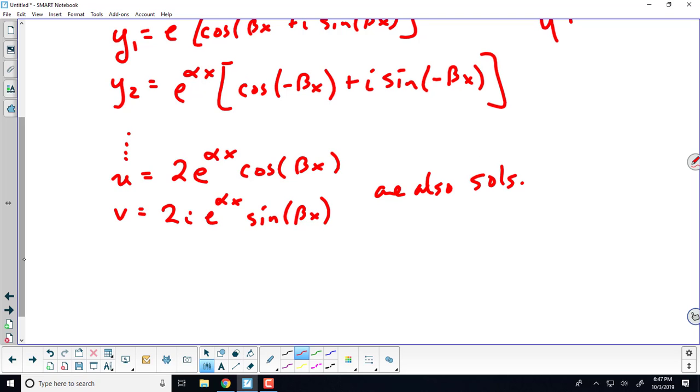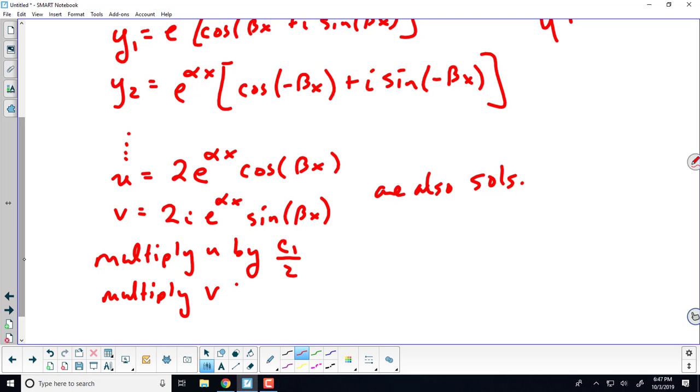Then we multiply u by c1 over 2, an arbitrary constant over 2. That will give me c1 e to the alpha x cosine beta x. And we multiply v by c2 over 2i. That will cancel out the i.